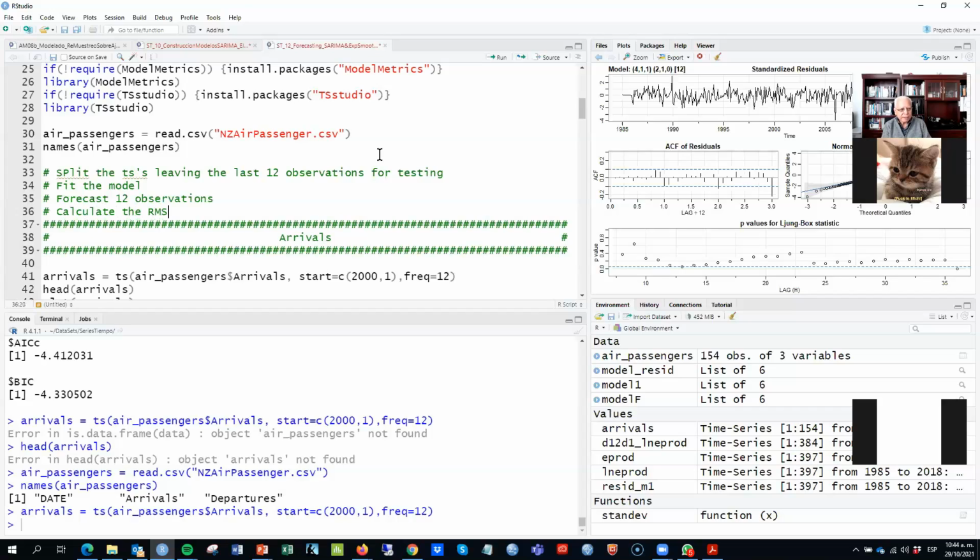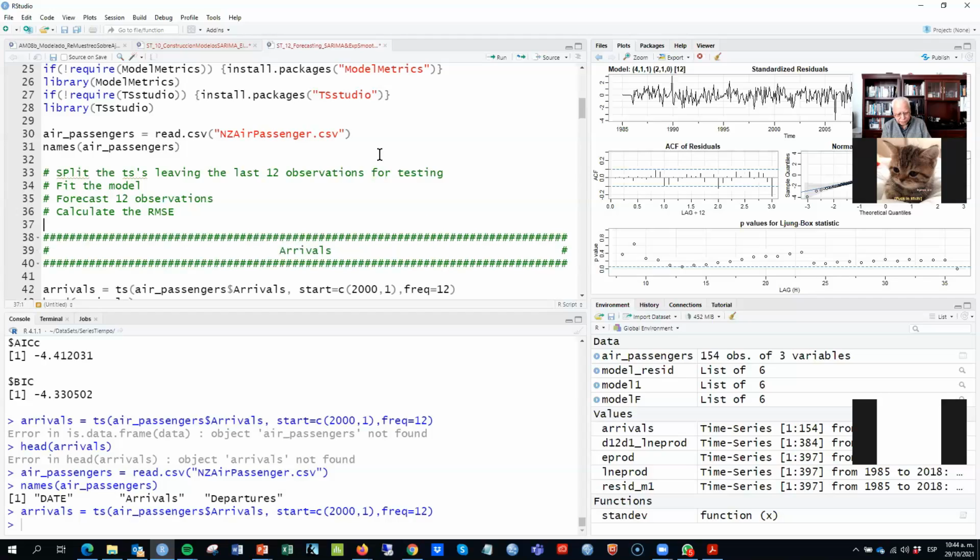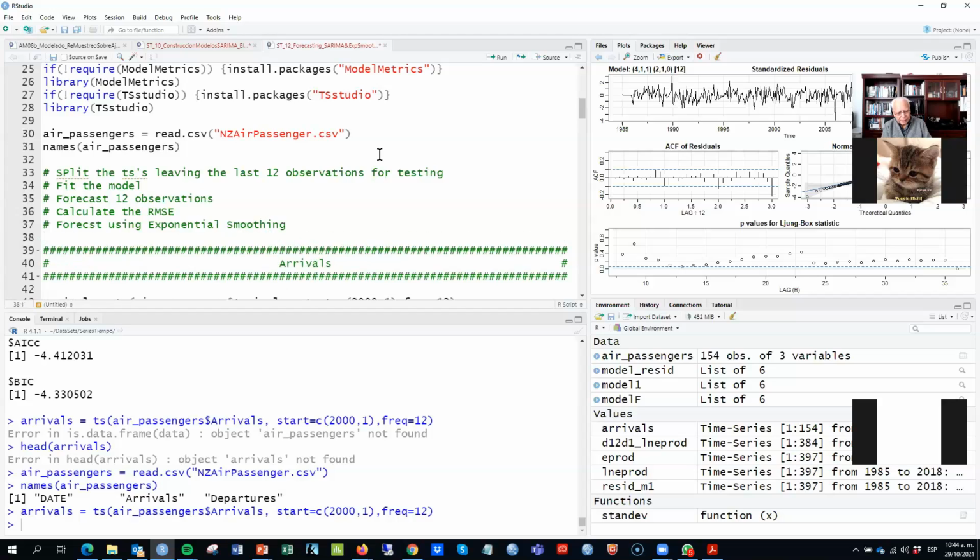and also do the forecast using exponential smoothing, the automatic method, and then also calculate the RMSE.